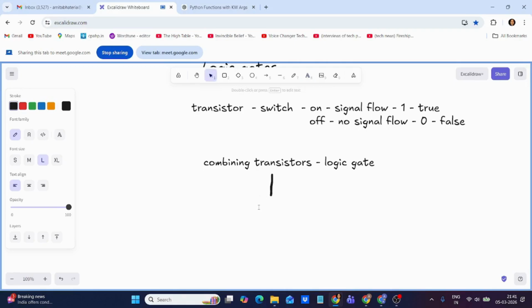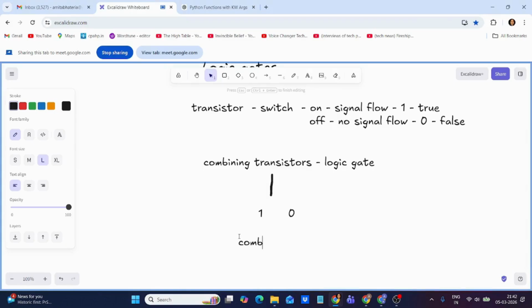So we know that a transistor can have either one value when there is signal flow or zero value when there is no signal flow. Each transistor will have either value 1 or 0, so when we combine such transistors we can form a logic gate. Understood?